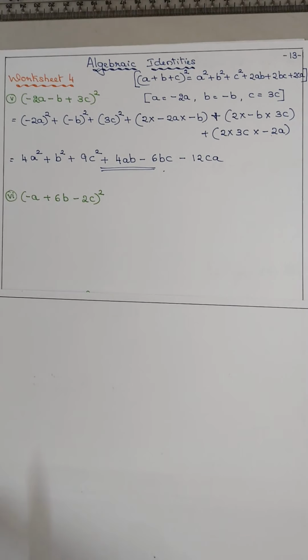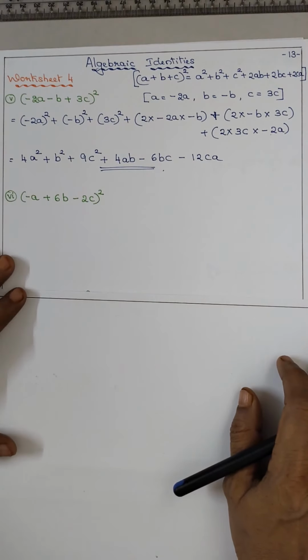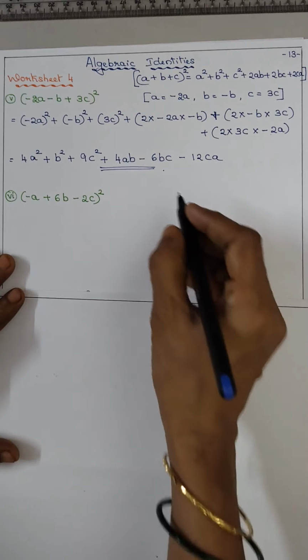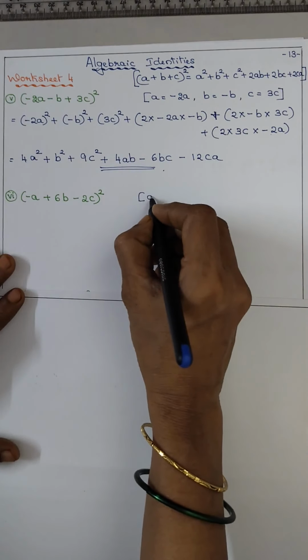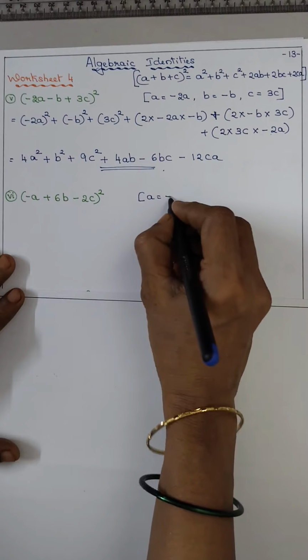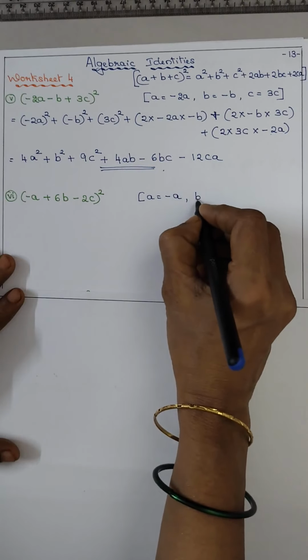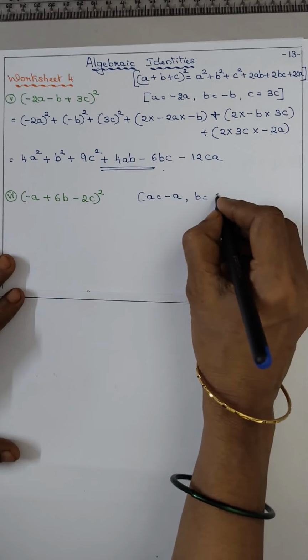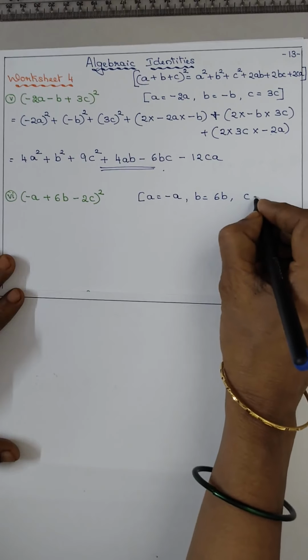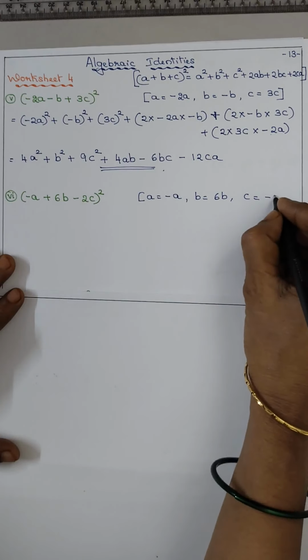Now coming to the sixth sum. It is (minus a plus 6b plus minus 2c) the whole square. First you write the values. a is equal to minus a, b is equal to 6b and c is equal to minus 2c.